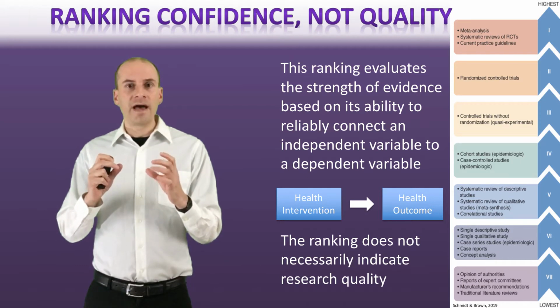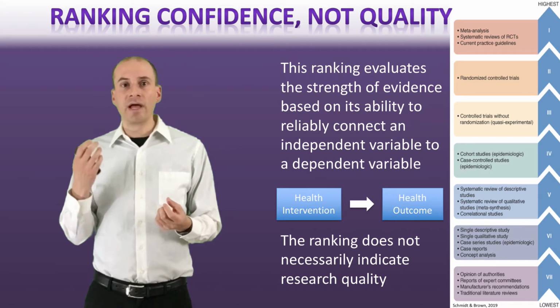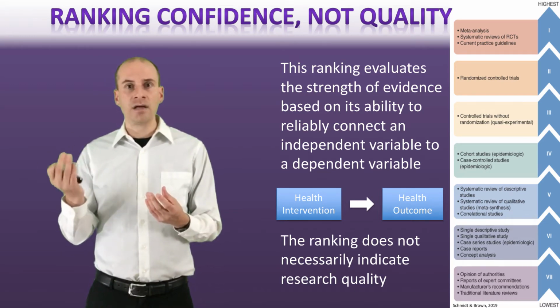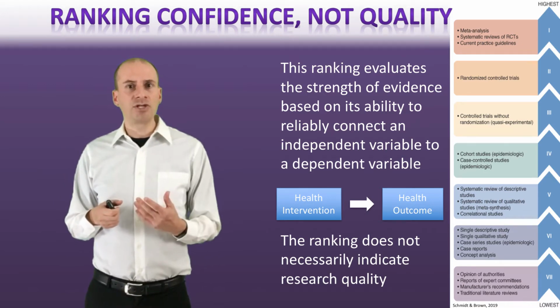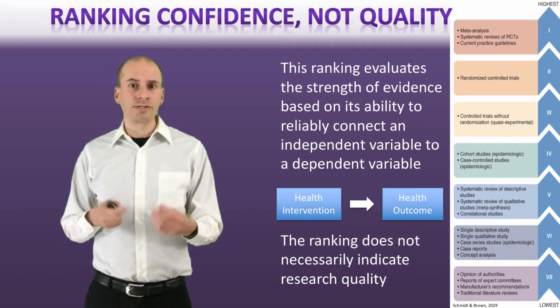All right, that if you take this medication, it is likely that it actually has an impact on a health outcome. As we go to the lower levels of publications, they tend to be less reliable in terms of making connections between different variables.